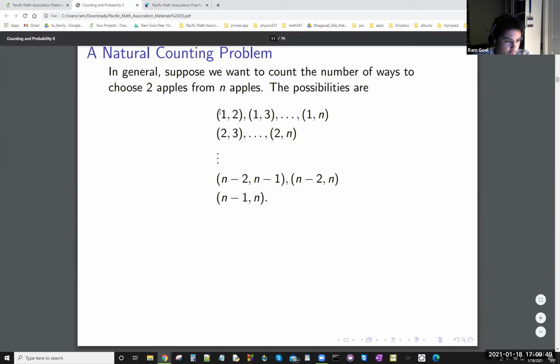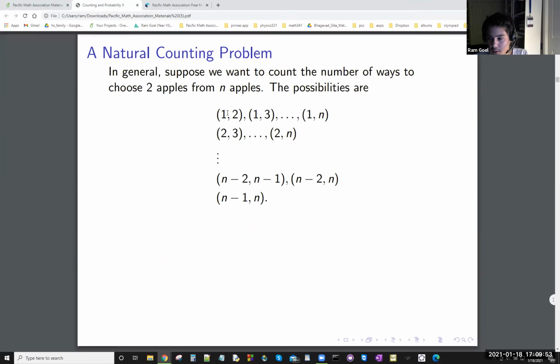So I'll go through this list one more time, because that's going to be the foundation of how we're going to count later. So we're trying to find 2 apples from n. What if the first one is a 1? The apples are 1, 2, 3, all the way till n. Let's say one of the apples is a 1. Then what are the possibilities for the second apple? It can either be a 2, it can be a 3, all the way till n.